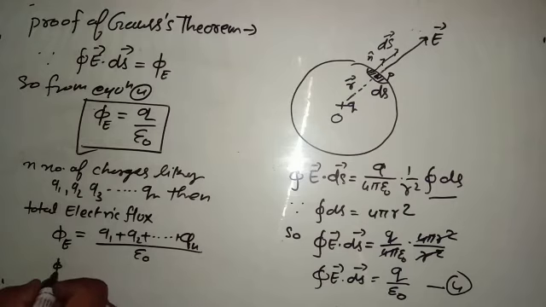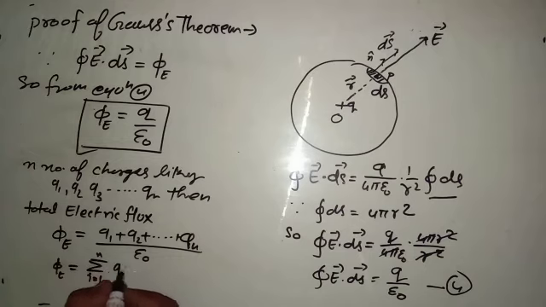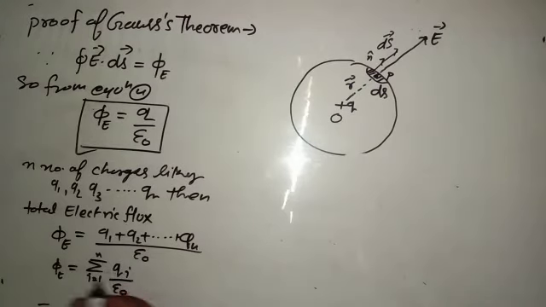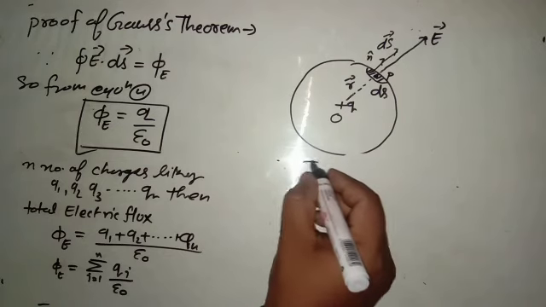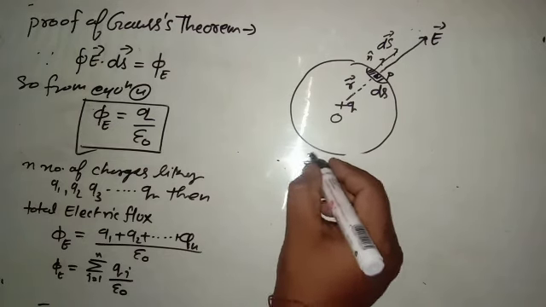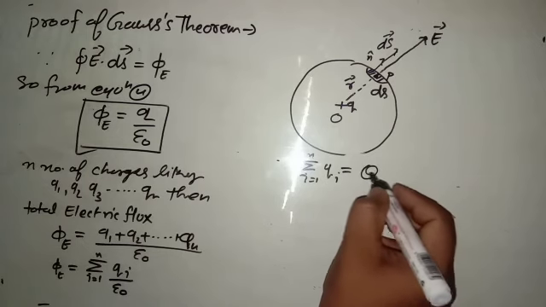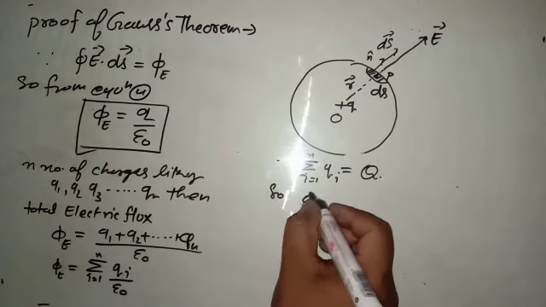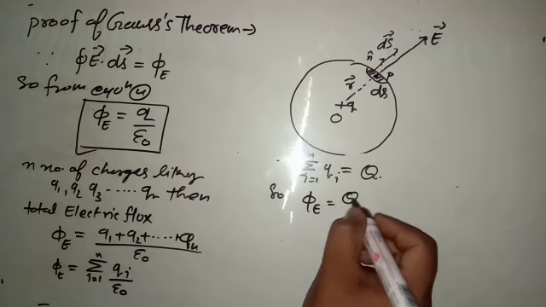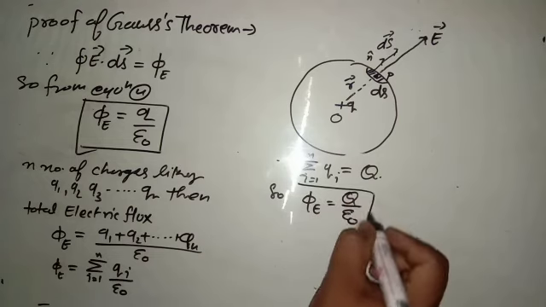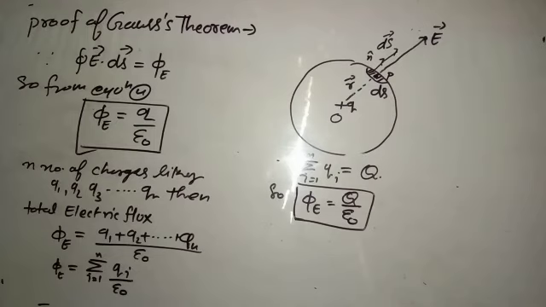That means total electric flux is equal to sigma i is equal to 1 to n of qi upon epsilon naught. And since sigma i is equal to 1 to n of qi is the total charge q, phi E is equal to q upon epsilon naught. So this is the total electric flux.